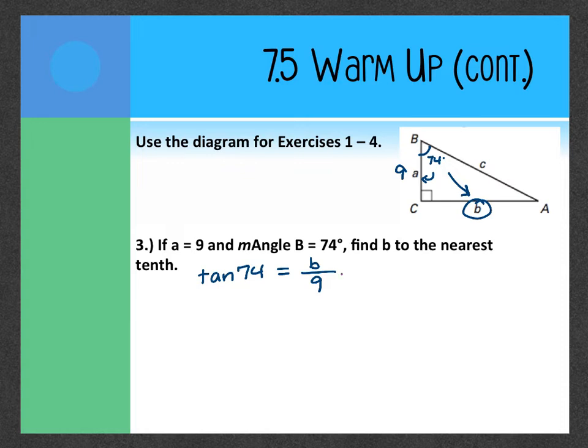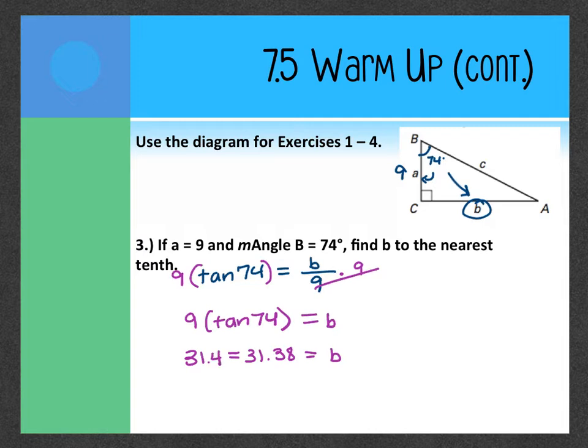This time the number's in the bottom, so I just multiply on both sides, and then I'm going to type 9 times the tangent of 74 into the calculator. And I get B equals 31.38, and it says round to the nearest tenth. So we're going to do 31.4.